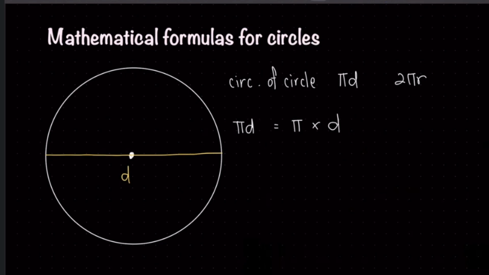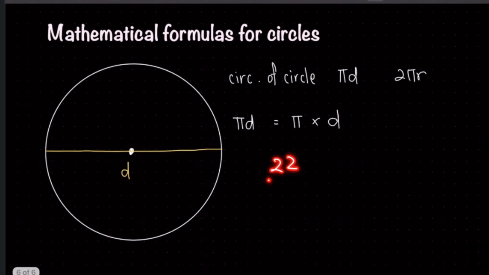So we take pi. Remember the numbers before, 3.142, and you multiply it by the diameter. Or we have 22 over 7 and we multiply it by the diameter. So that is pi d.